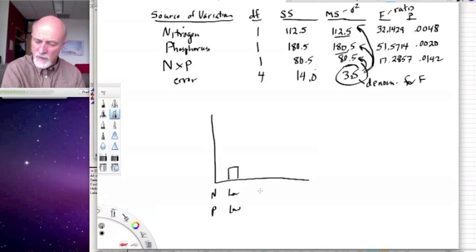And then when we went to a high phosphorus level, low nitrogen but high phosphorus, what happened? We add phosphorus and it goes up to 7. I'm going to give adding phosphorus a dashed line like that. Okay, and then if we go to high nitrogen but low phosphorus, what we end up with is a mean of 5.